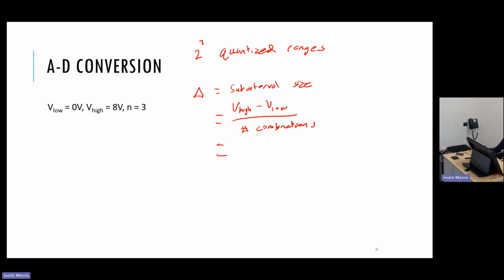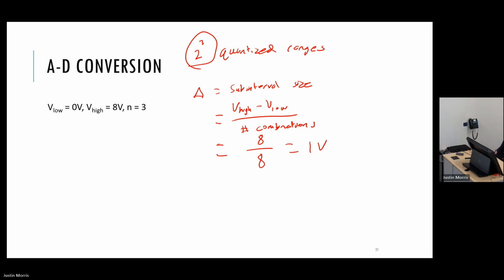So V high minus V low is 8. The number of combinations: how many combinations can I get with 3 bits? 2 to the 3, which is 8. So my sub-interval size is 1 volt.